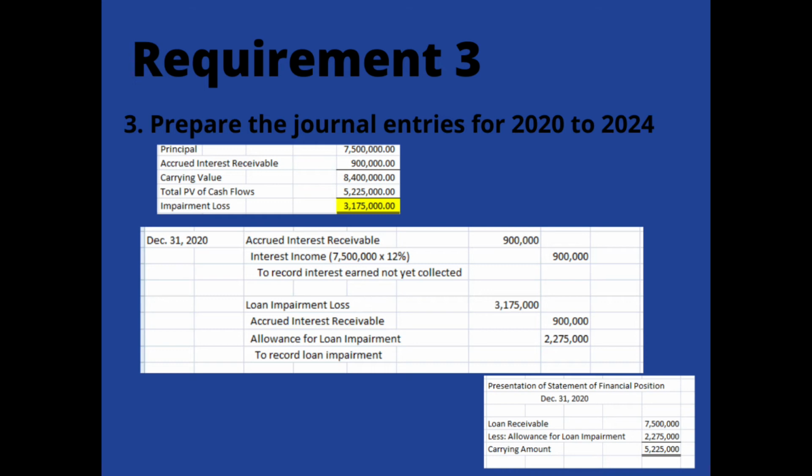The amount is based on the answers in requirement number 2.